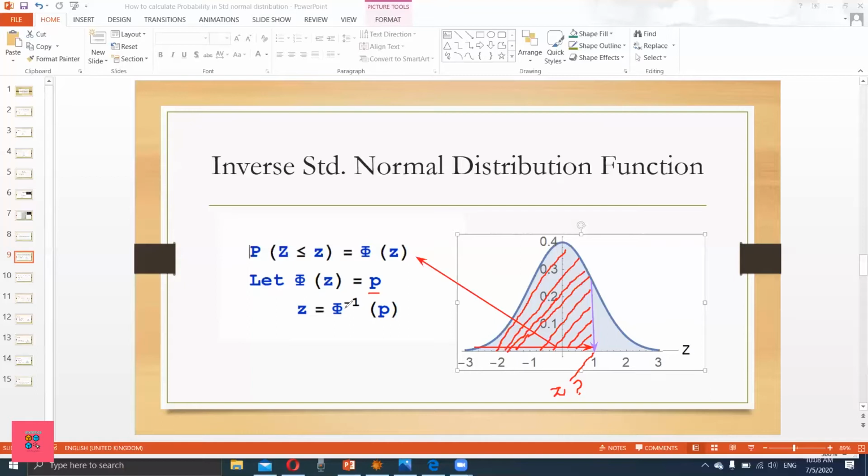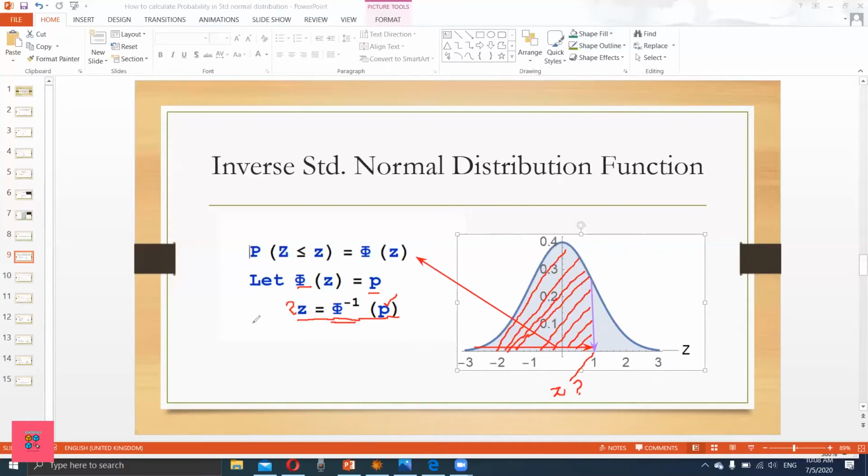If it goes on the right side, it will be phi minus 1. Whenever it is on the left side, it is positive, so it would be phi inverse of p. So this is actually the inverse use of our table, in which probability is given, and you have to find z. This z is unknown, and you have to find this value.